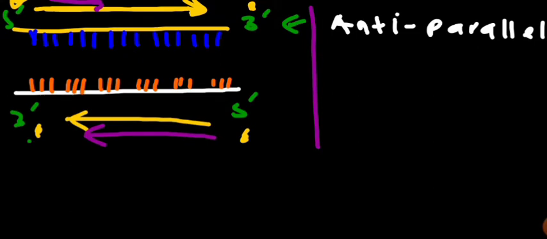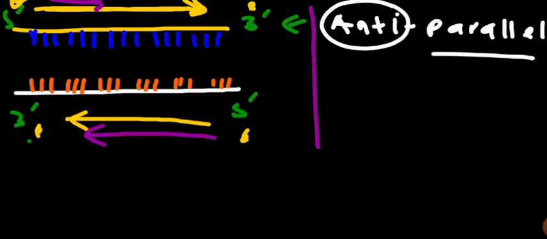Okay, so antiparallel. So we know that parallel lines don't meet, right? Of course, the DNA strands don't meet. Okay, they form a helix or a twist, but they don't meet, or they don't cross each other. All right, so they are parallel, but anti means they move in opposite directions, or their ends are opposite to each other.